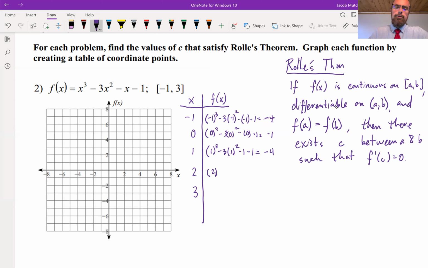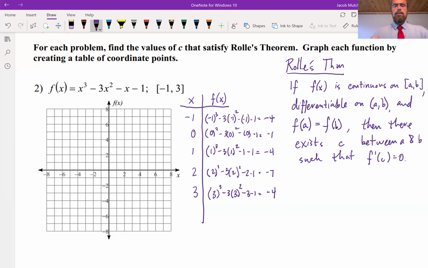At 2, 2 cubed minus 3 times 2 squared minus 2 minus 1. So that's going to be 8 minus 3 times 4, 8 minus 12 is -4, minus 2 is -6, minus 1 is -7. And lastly at 3, 3 cubed is 27, minus 3 times 3 squared, that's also 27. So those zero out, the first two terms, -3 minus 1, and that's -4.